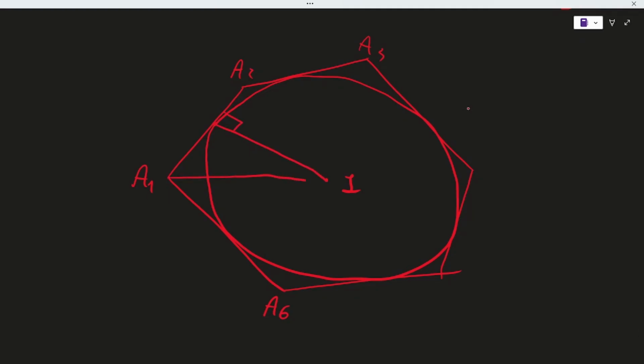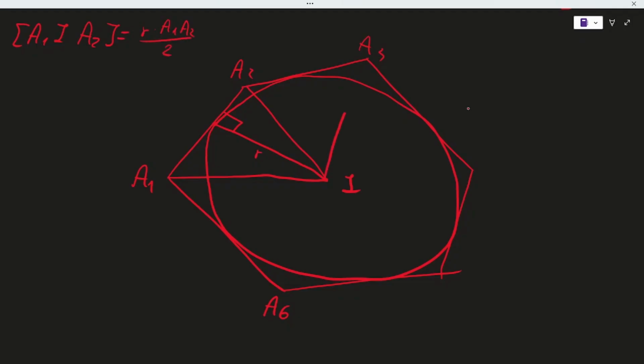Once we want to compute the area of triangle A1 I A2, this will be just inradius times A1A2 divided by 2.